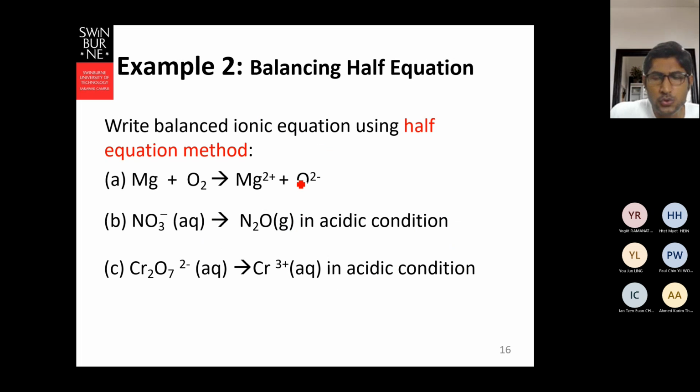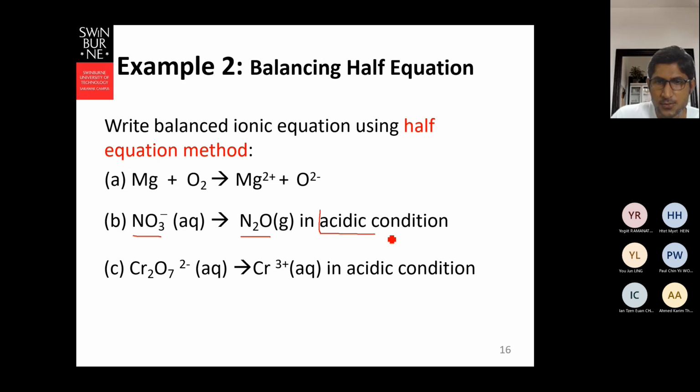So balancing, how do we use this type of reaction to balance the half reactions? Balance the oxidation reduction reactions, right? Magnesium we have already seen, so we don't need to talk much, but nitrate ion is becoming dinitrogen oxide in acidic condition.